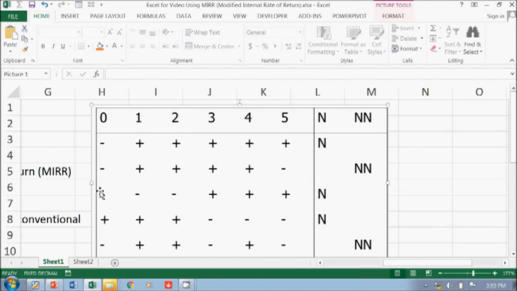And then there are two changes in the sign of cash flow. So this is what we call non-normal or non-conventional.